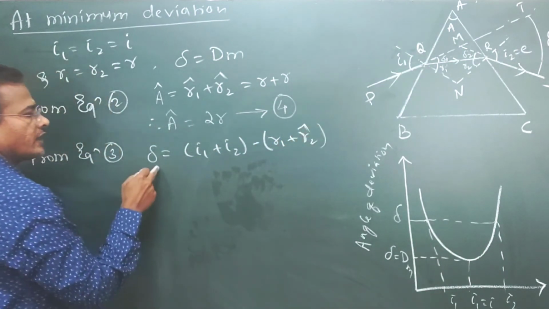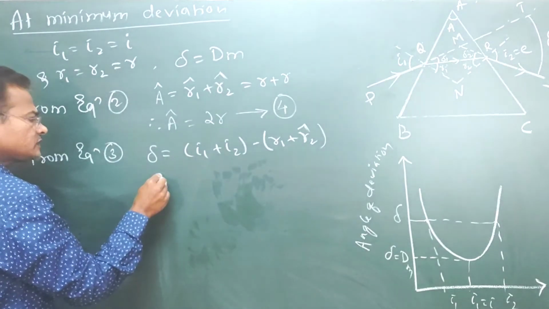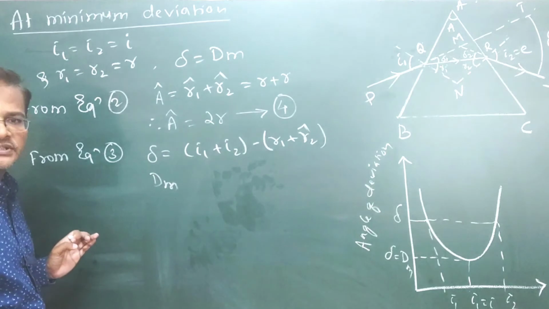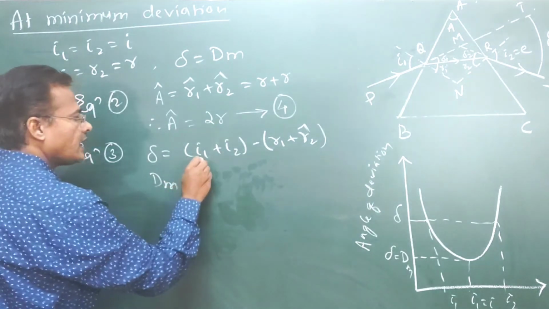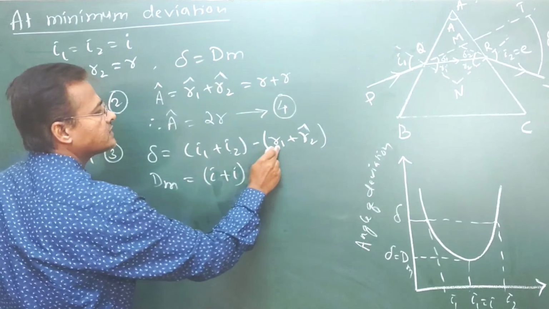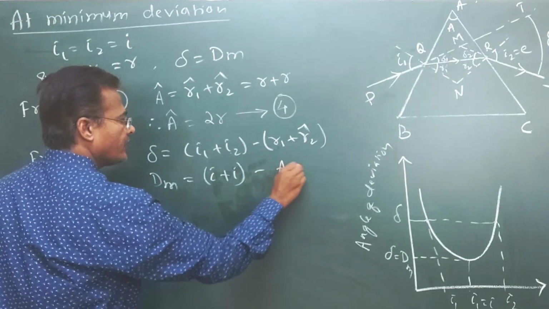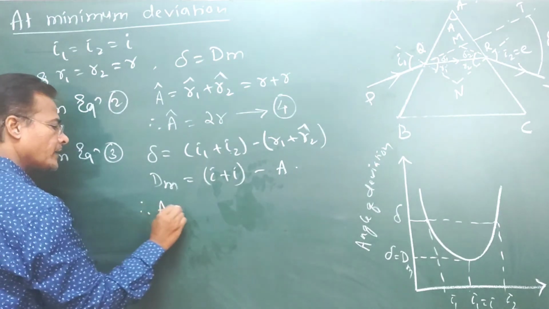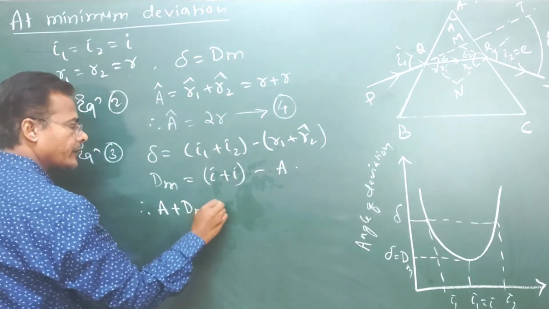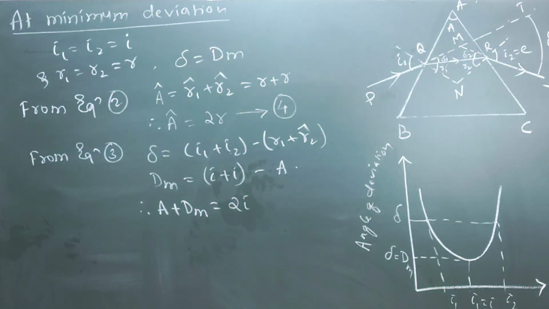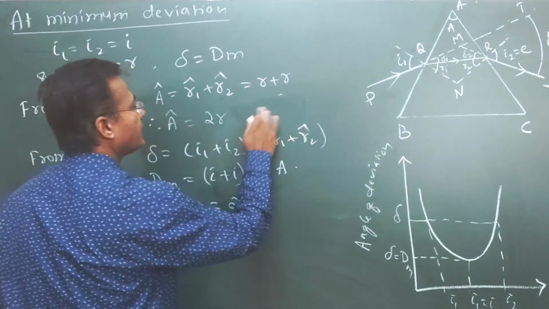Here delta is dm, I1 plus I2 is I plus I, and R1 plus R2 is A. So, moving A to the other side, A plus dm equals 2I.